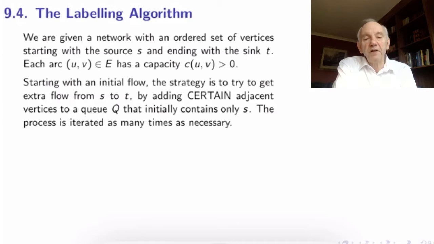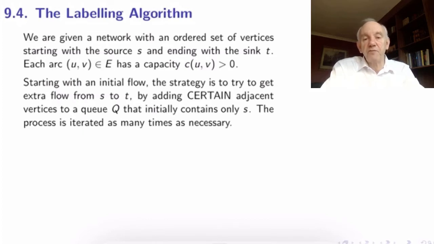So as I've explained in both of the previous talks, the idea is to try to get flow. We start with some initial flow which could be zero, but we try and get more flow from the source to the sink. And the method we use is to try and construct what's called an augmenting path. And we do that by essentially doing a breadth first search. But we don't add all the adjacent vertices.